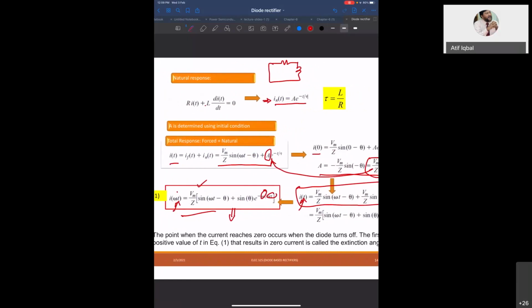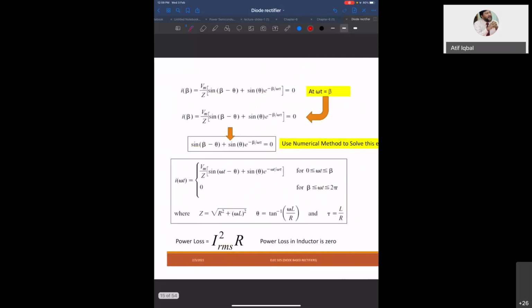From equation number 1, you put omega t is equal to beta, and then you solve this equation to get the value of beta. But you see, this is a complex equation to solve. You cannot have a closed form solution for this. So you have to use a numerical method to solve the equation to get the value of beta.